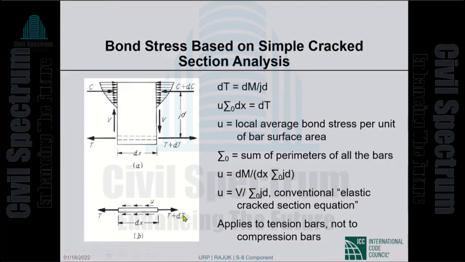dt, the incremental tension, is the bond stress U times the total perimeter of all the bars. That's what sigma sub 0 indicates, the sum of the perimeters of all the bars, times dx.